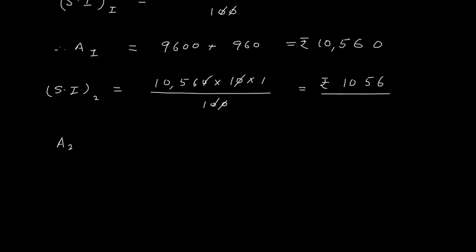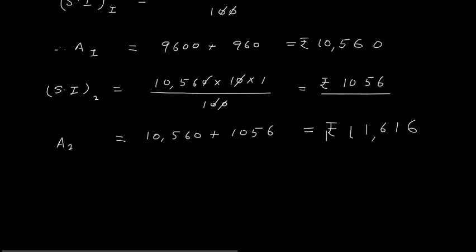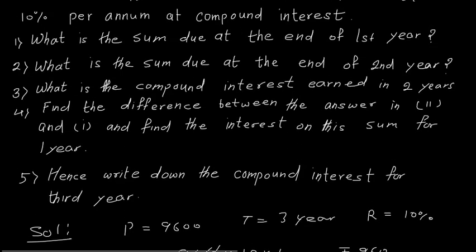So therefore amount at the end of 2 years is equals to 10,560 plus 1056, which is rupees 11,616. So let us see how many questions we have answered so far.